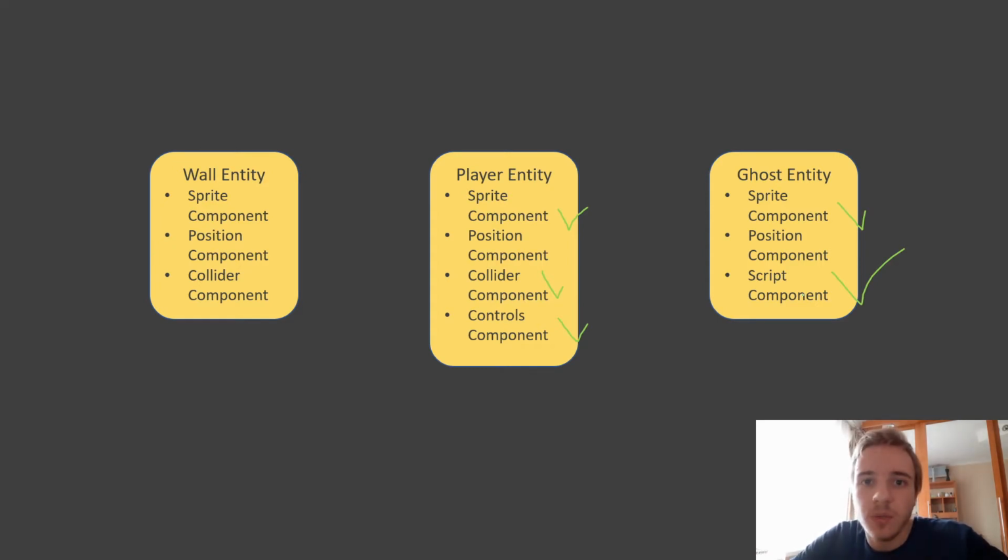So now that we have a basic understanding of what ECS architecture is and why we might want to use it in our applications, let's actually try it out in practice. We're going to use EnTT, which is an ECS library.